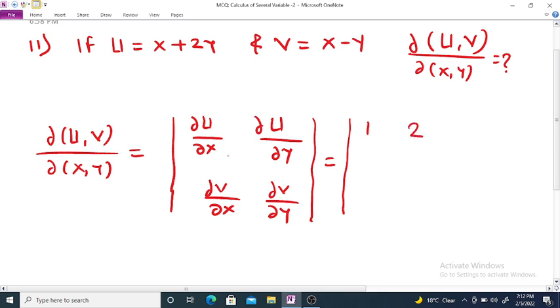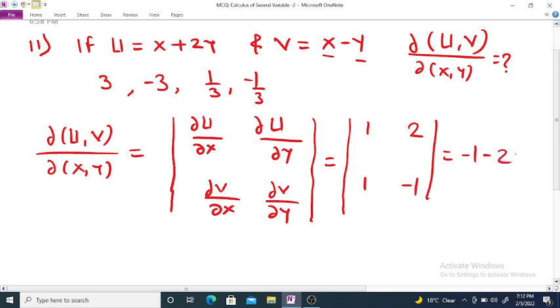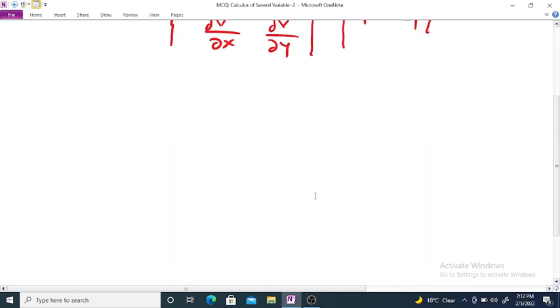Options are given: 3, minus 3, 1 by 3, and minus 1 by 3. ∂v/∂x is equal to 1 and ∂v/∂y is equal to minus 1. So it is equal to minus 1 minus 2, which is minus 3. So the value of the Jacobian is equal to minus 3.